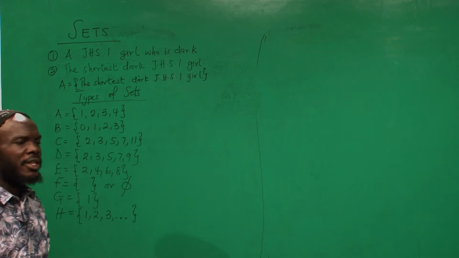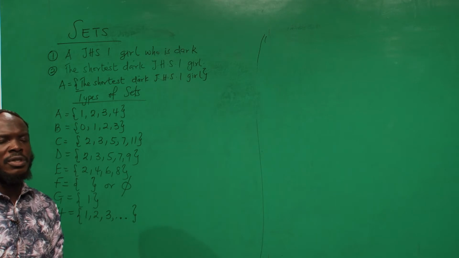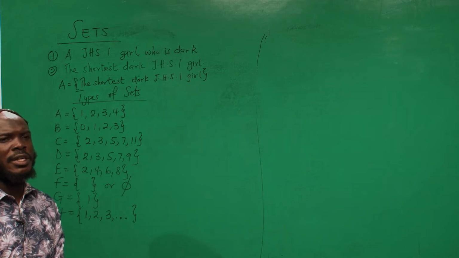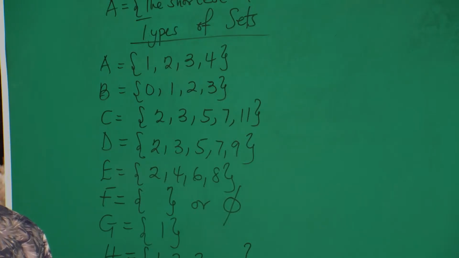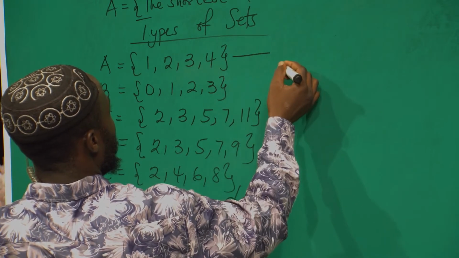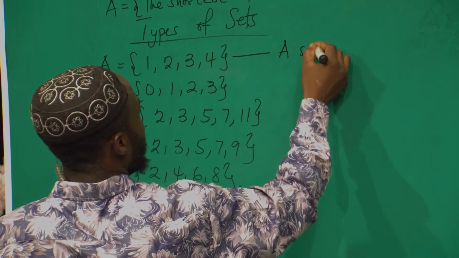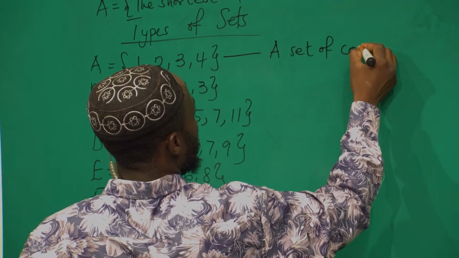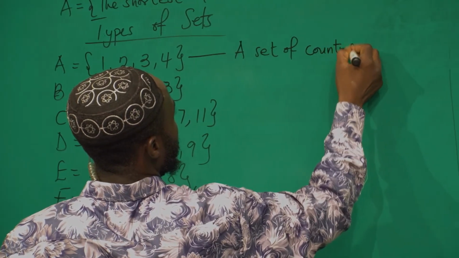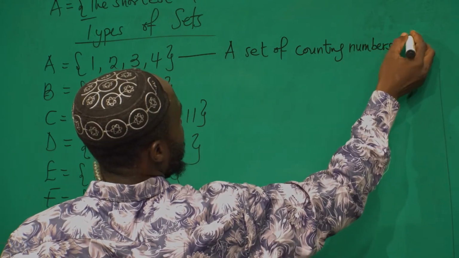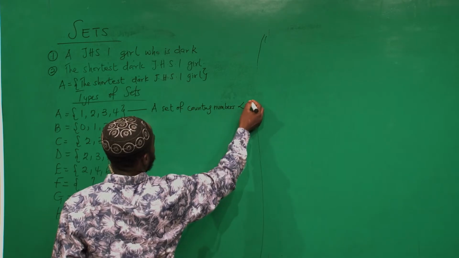So, from the definitions I just mentioned earlier on, we said the ones which start from 0 are whole numbers, and the ones which start from 1 are counting or natural numbers. So looking on the board, A here is a set of counting numbers less than 5.